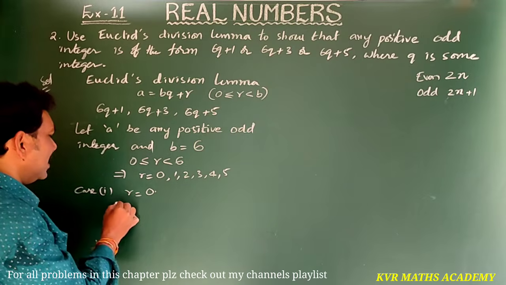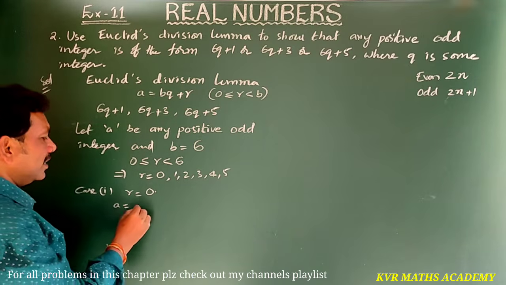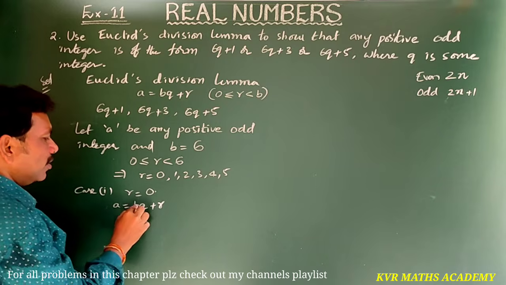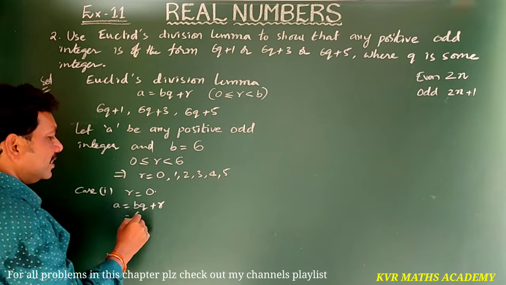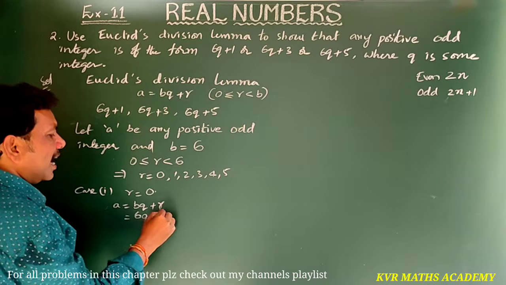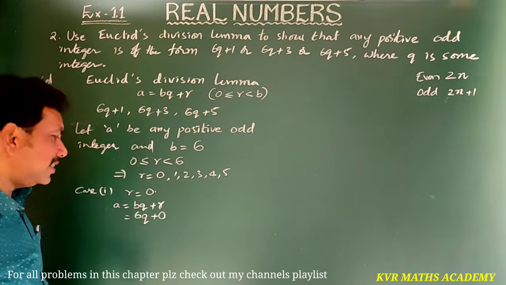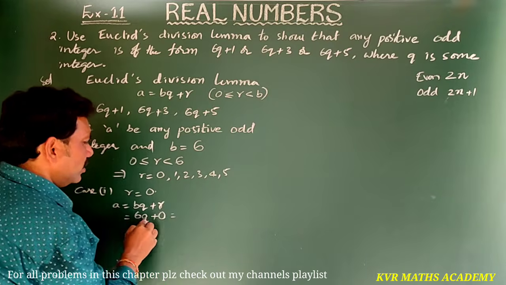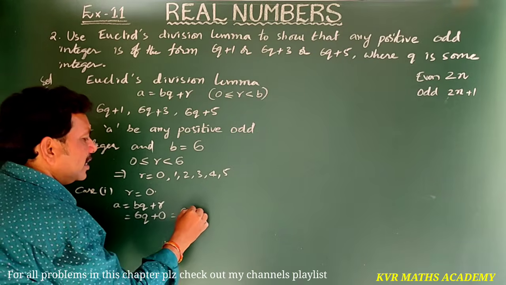So then a is equal to bq plus r only, na? Yes, that is equal to 6q plus r, and r is 0. So now this can be written as 6q plus 0, which means 6q only.